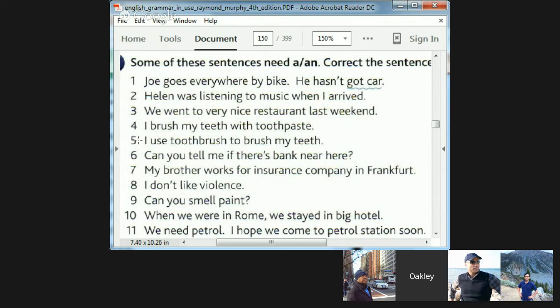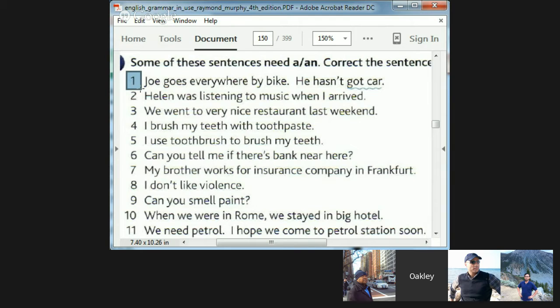Hogan, number five. Can I ask you a question about number one? Sure. The bike is countable, isn't it? I just wonder. Yes, it is. So we probably have to use Joe goes everywhere by a bike, right? But no. Good point.